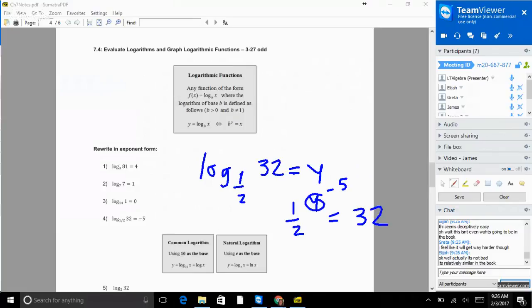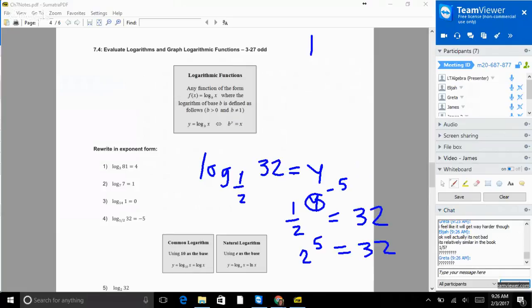Okay, so what that basically means is that since this is 1/2 to the negative power, you're going to get 2 to the 5th power equals 32. Because you're negative, oh, I just lost you guys.